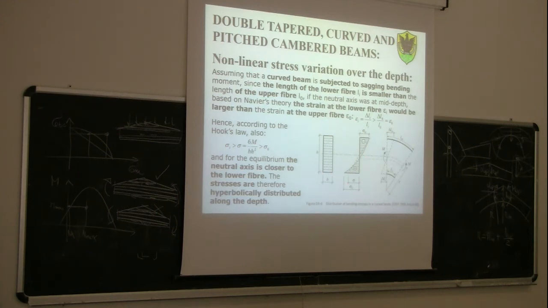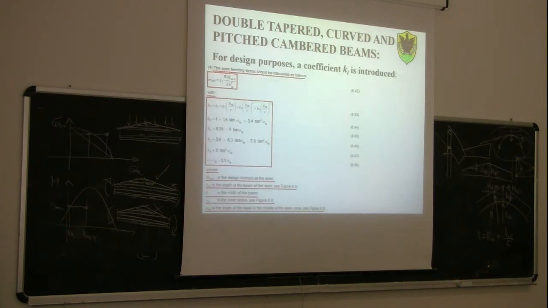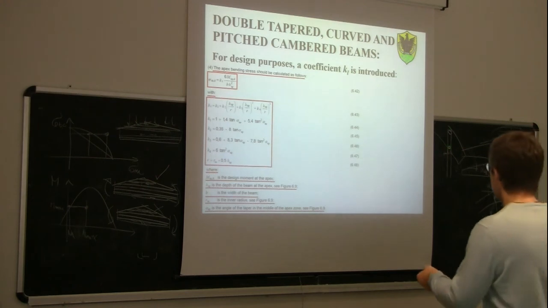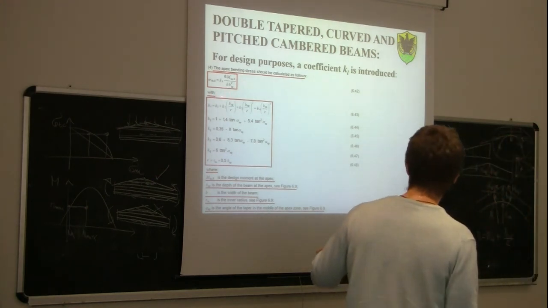So we need to introduce an increase factor, a coefficient higher than 1. This coefficient is called KL. So when we calculate the maximum tensile stress with Navier, we need to multiply this value by KL.